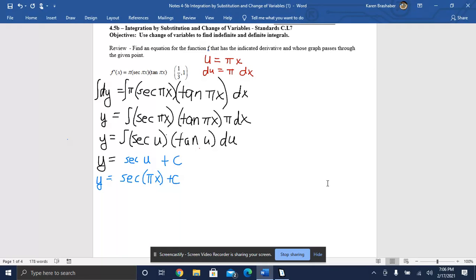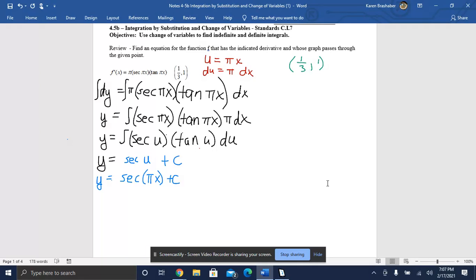So that gives us our general equation, and then we can finish up, since the equation is asking us for the specific one when we're at the ordered pair of 1/3, 1.